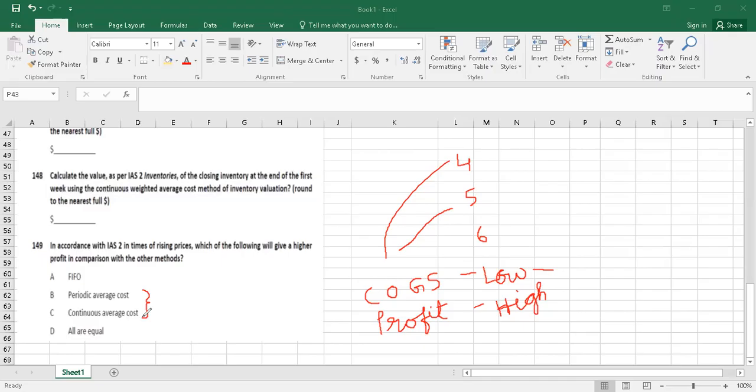But in FIFO, every time the cost of goods sold is calculated, from among the lots of material, the lower cost material is taken, because the first ones have the lower cost as prices are rising. That cost is charged to the units. So the cost of goods sold is low, and it will result in the profit being high. What's the answer? Answer is A.